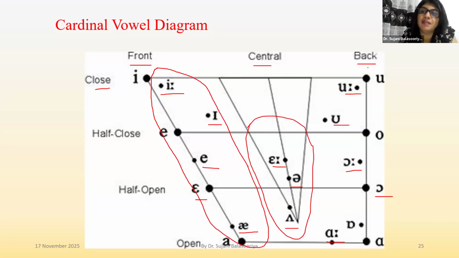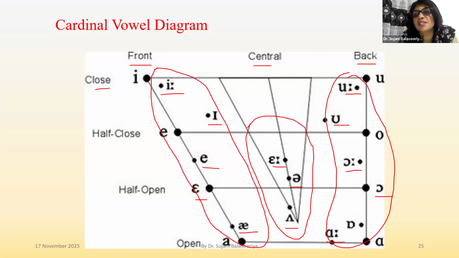Then what about the back vowels? Back vowels are identified here. Right? Okay, so when you produce these vowels, the back of the tongue feels a kind of slight movement, like oo, o, a. You might feel back part of the tongue is moving. So therefore, all these vowels are back vowels, right?